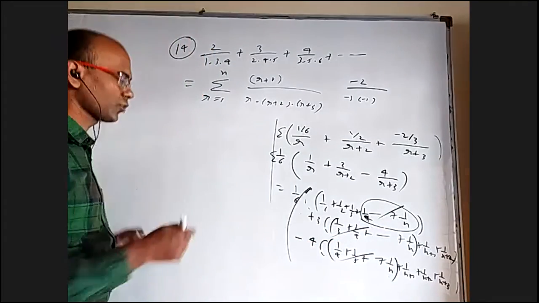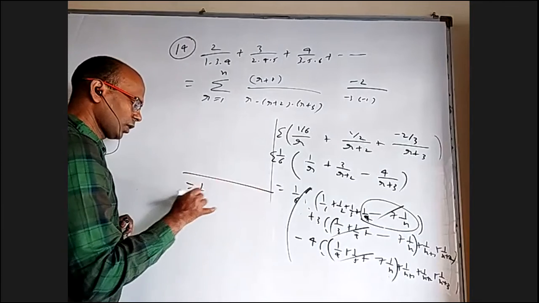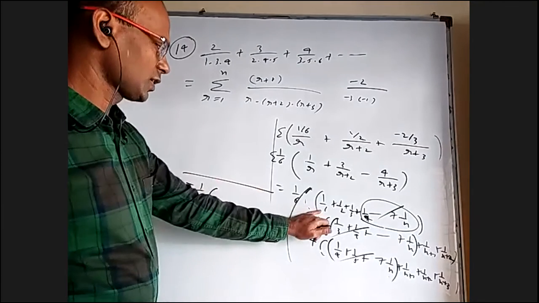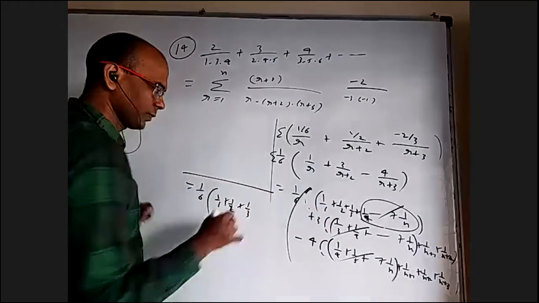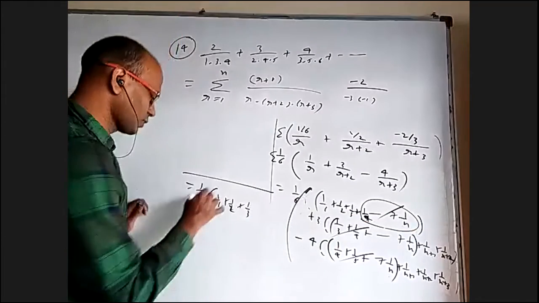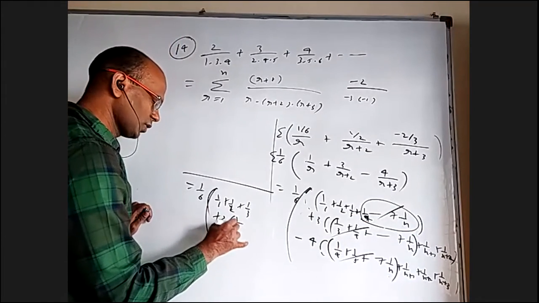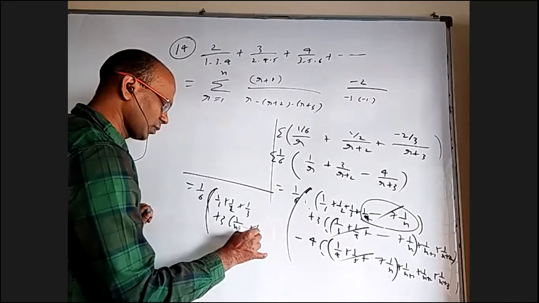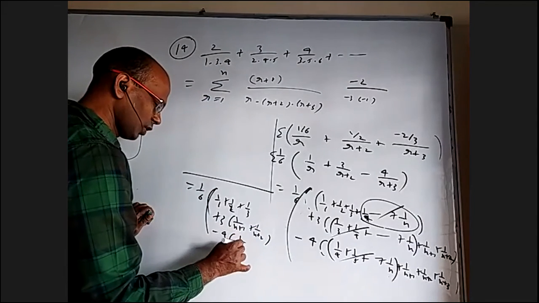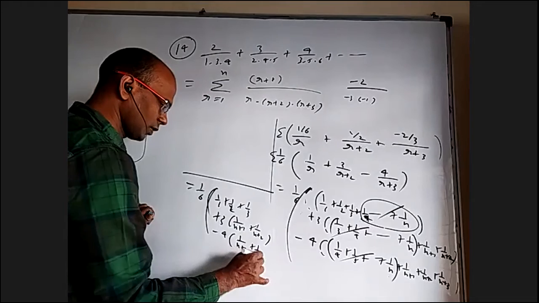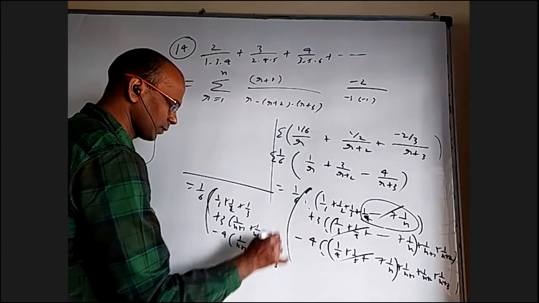So you will be left with what now? 1 by 6 times. Here 1 by 1 plus 1 by 2 plus 1 by 3 are left. Here what are left? Last 2 terms, that is 3 times 1 by n plus 1 plus 1 by n plus 2. Here what is left? Minus 4 times 1 by n plus 1 plus 1 by n plus 2 plus 1 by n plus 3.